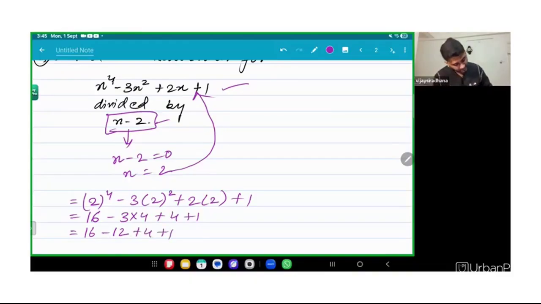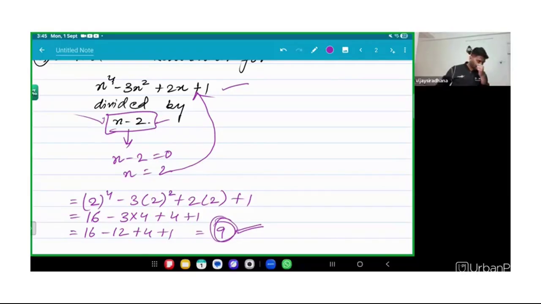So this one would be 16 plus 4 is 20, plus 1 is 21, and then you will be having 9. So the remainder which will be there when we are putting x is equals to 2, so remainder we are getting as 9. So this will be the remainder theorem. This will be the remainder theorem.